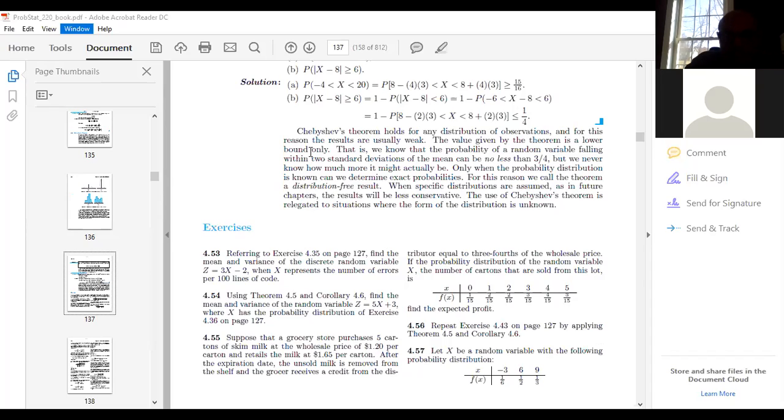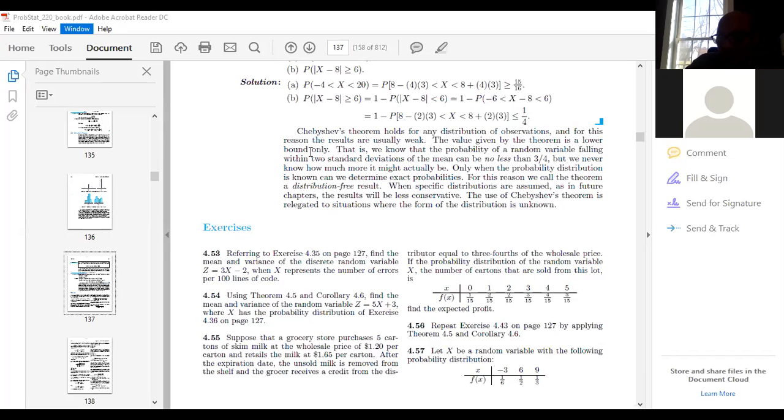Suppose that a grocery store purchases 5 cartons of slim milk at the wholesale price of 1.20 per carton and retails the milk at the rate of 1.65 per carton.